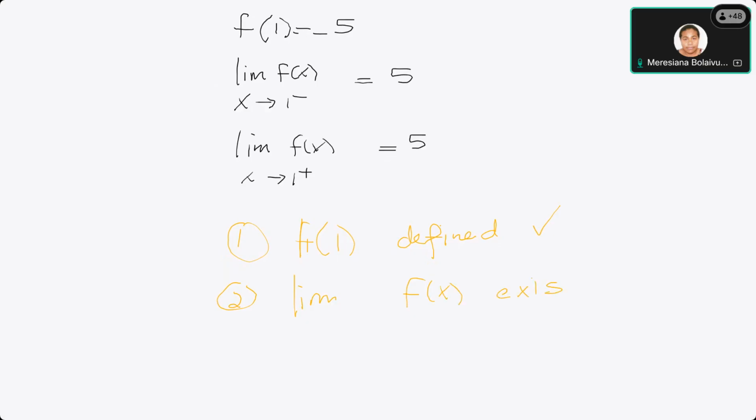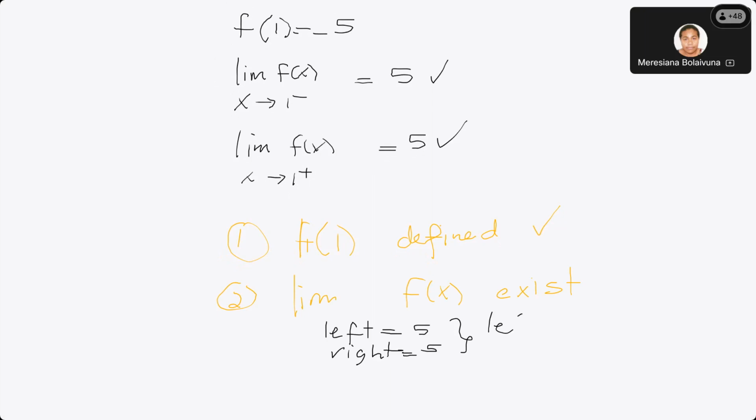So for this to exist, you can check the left limit and the right limit. The value for the left limit is this one here, that's 5. And the right limit, what is the value for the right limit? The right limit is also equal to 5. So for the limit to exist, these two values must be the same.